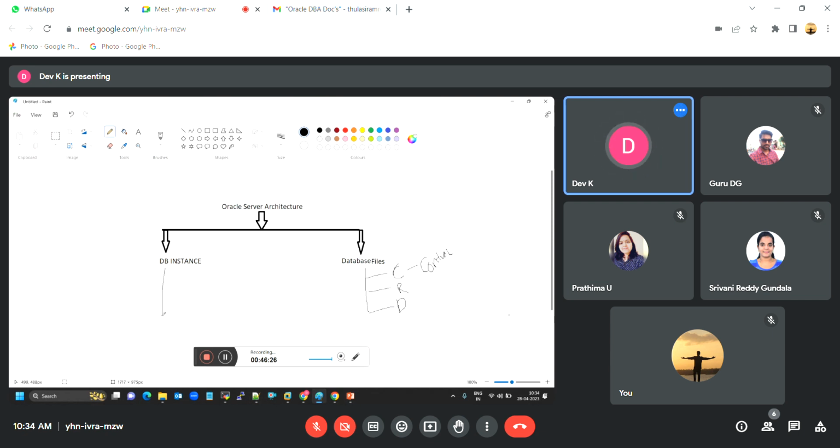As I said, inside this database we have SGA and background processes. Inside this SGA, we have a few more memory components like DBBC, RLBC, and shared pool.